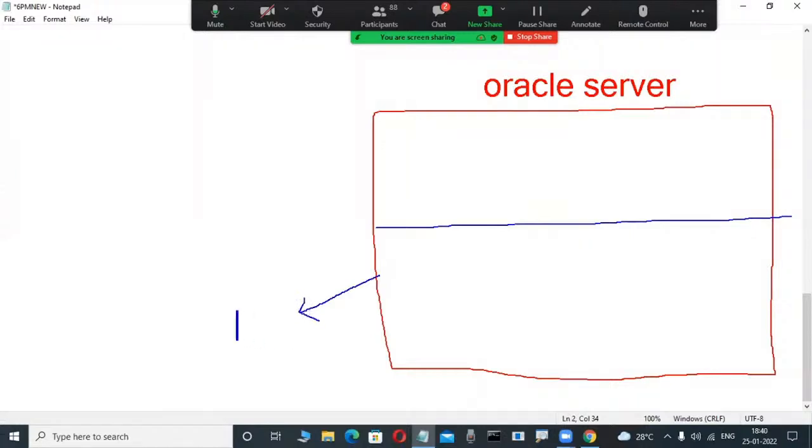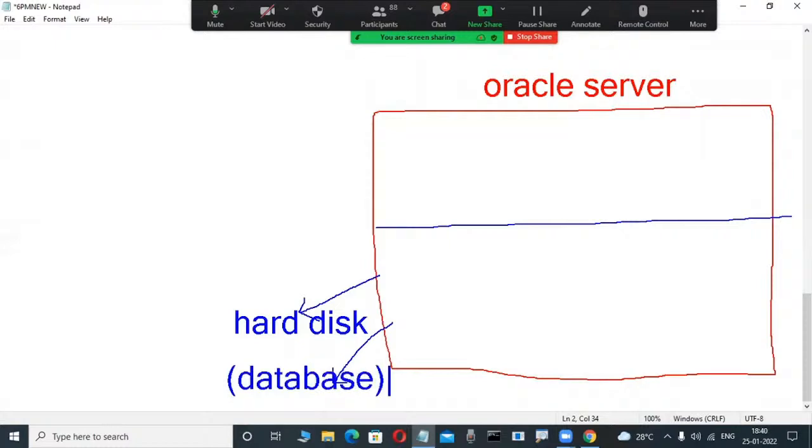In the computer's hard disk, some files are created automatically. This is also called the physical database. Whatever part is on the hard disk is called the physical database. Here, so many files are available. Okay, fine.